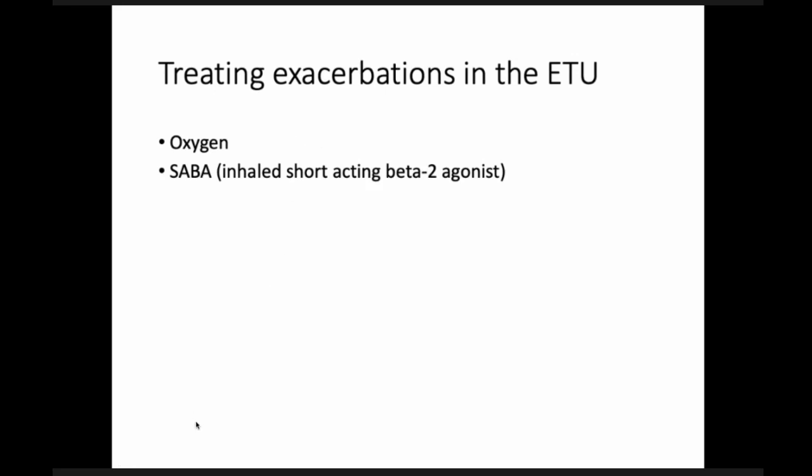So, treating exacerbations, again I will go into the principles. They will need oxygen because they may be hypoxic. This is due to severe bronchospasm. They need inhaled short-acting beta agonist, and the best route in this situation is a nebulized route, either continuous or intermittent nebulization.